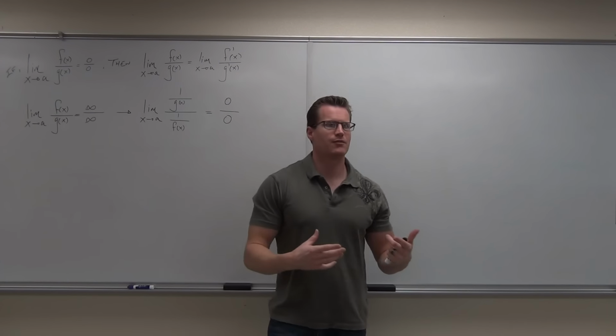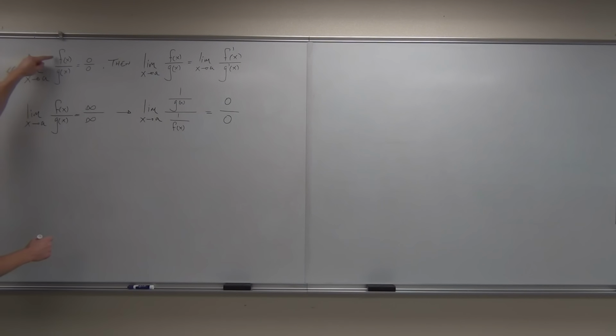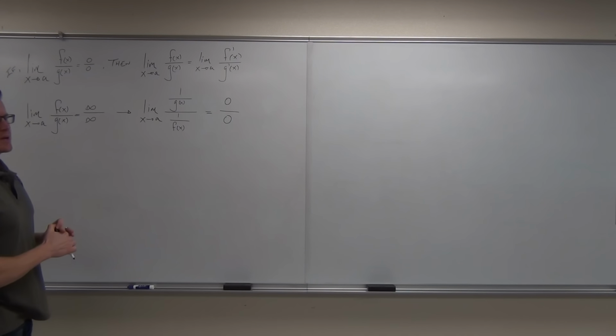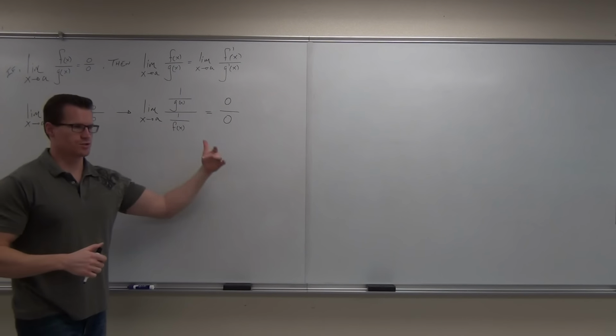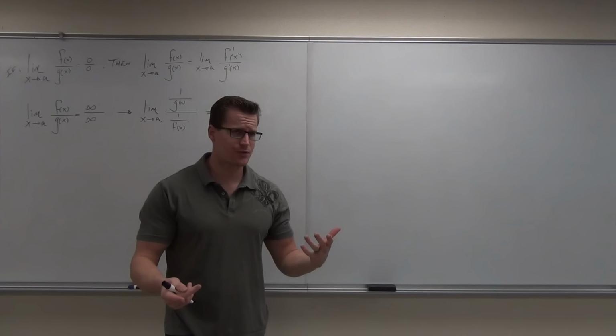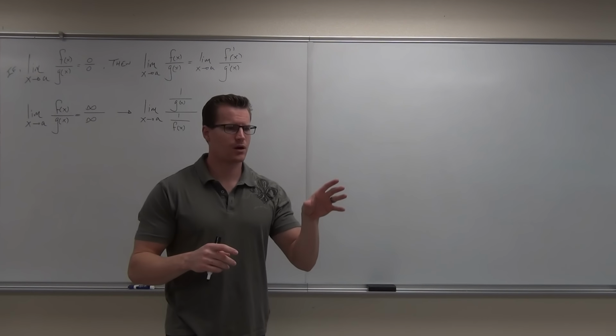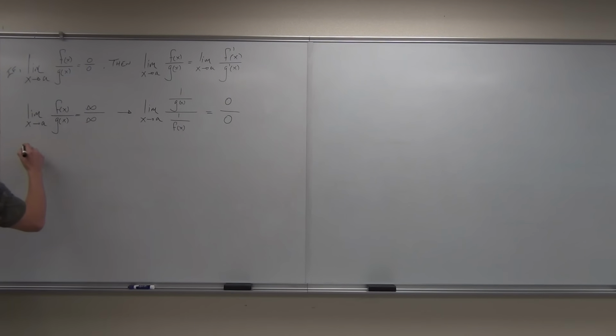So we basically have 2 statements here. We say that if f of x over g of x equals 0 over 0, or if we have f of x over g of x equals infinity over infinity, we can do L'Hopital's in either case. Does that make sense? I'm just adding one more condition so that we don't have to change it to 0 over 0. If you ever get infinity over infinity, it's basically the same thing. So a couple little notes for you.